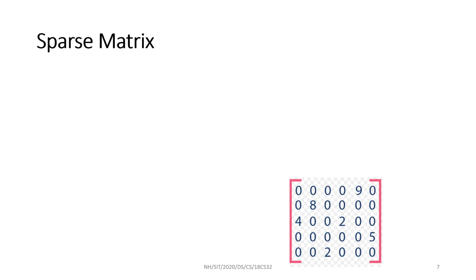There is another special type of matrix called a sparse matrix. When we deploy a number of sensors for different purposes, we take data from those sensors. These are sample values, just an example only.